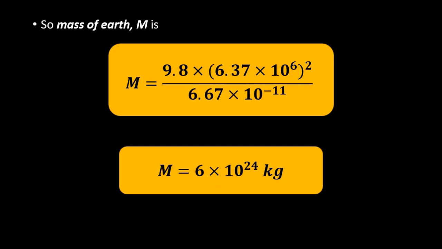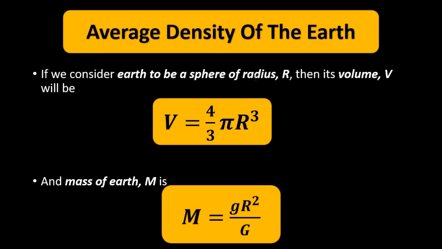Next is average density of Earth. So we have calculated mass. Then we are considering Earth to be a solid sphere of uniform mass distribution, uniform mass density. So what is the value of that uniform mass density?